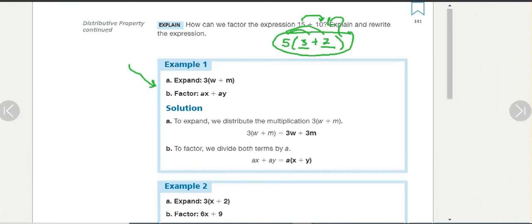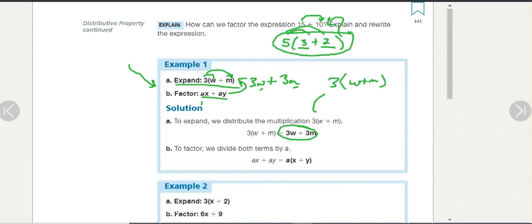So if we expand this, we use the distributive property and go 3 times W plus 3 times M. Fair? Can't go any further because it's an M and it's a W. So that's the answer here. But when we factor, it's like we go backwards. It's like I'm taking the 3, putting it back the way it was. So now you want to make this look more like this, where you add a parenthesis.